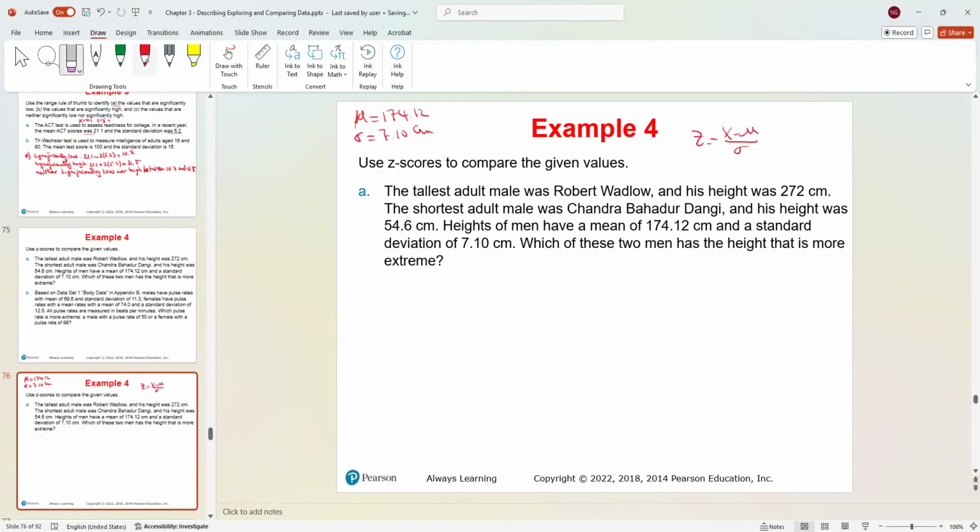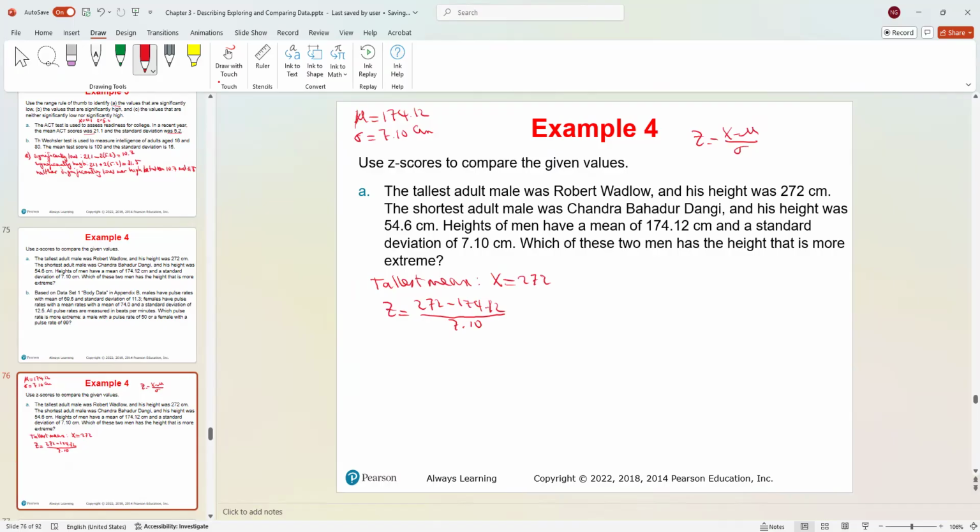So if you do the tallest man, x is 272, so z would be 272 minus 174.12 over 7.10. That's how you find the z-score for the tallest man.